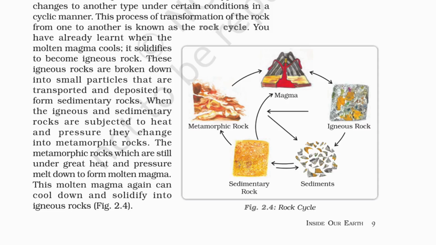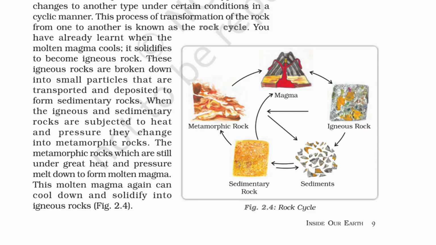This molten magma again can cool down and solidify into an igneous rock, and then the igneous rocks are again broken down into smaller particles, and then they will form sedimentary rock. So this cycle goes on and on.